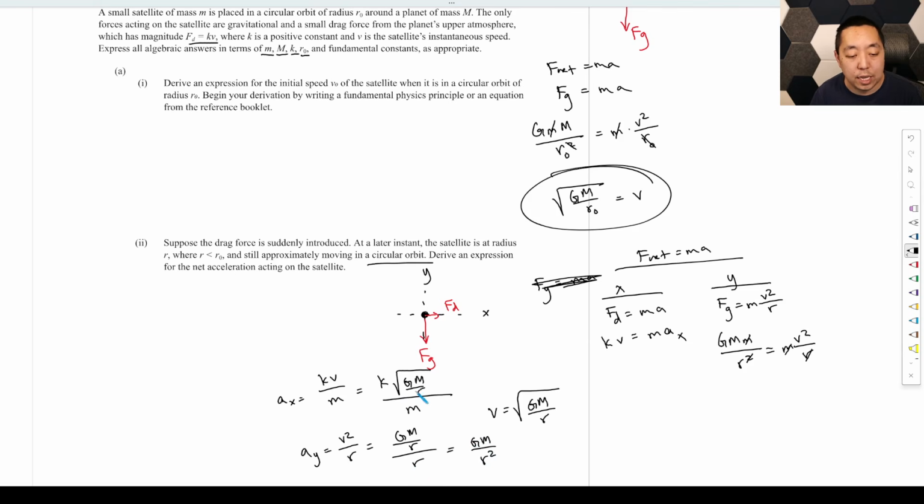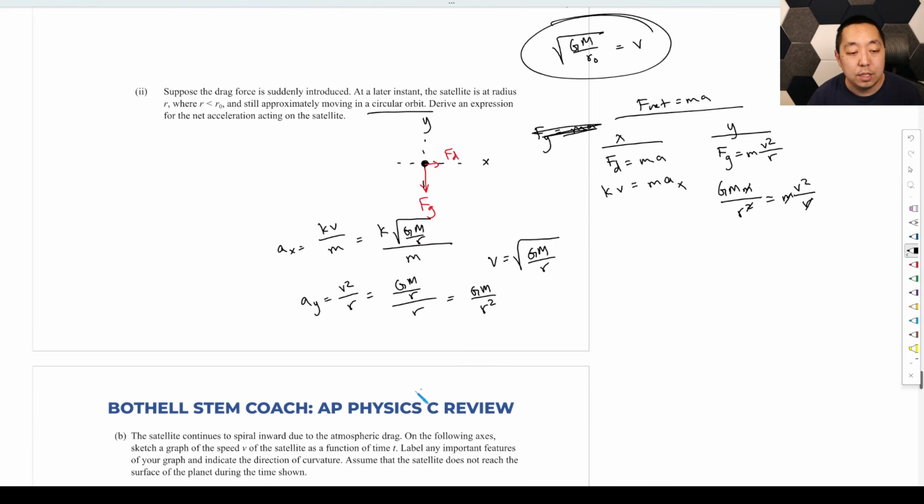So now you have an x and a y component. And so the total acceleration, the magnitude of the net acceleration, is going to be this. This should have been magnitude. I wanted magnitude here. So you're going to do the a_x component squared plus the a_y component squared.